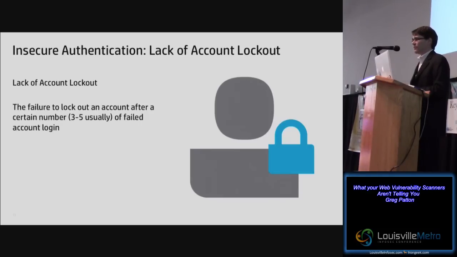After a user makes multiple invalid attempts to authenticate, the system will lock them out, typically after 3 to 5. In my testing, I tend to use a threshold of at least 10 invalid requests before I flag an application for lack of account lockout.